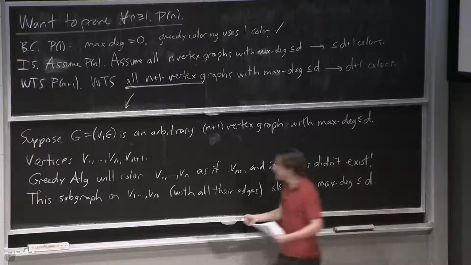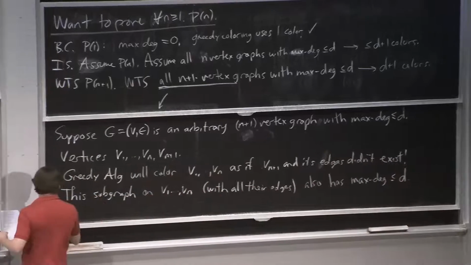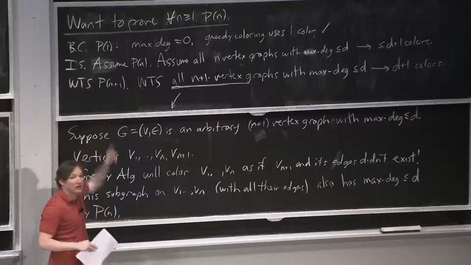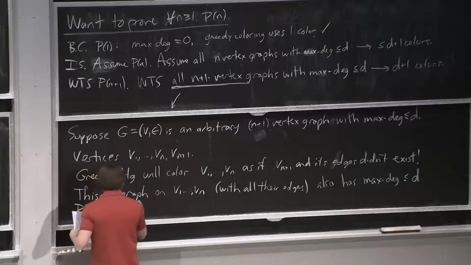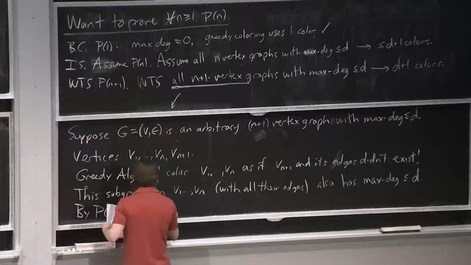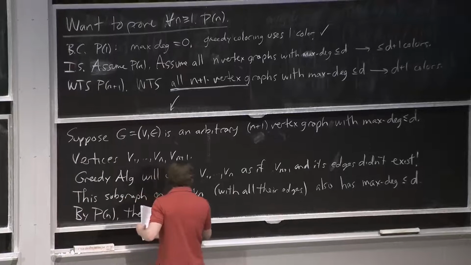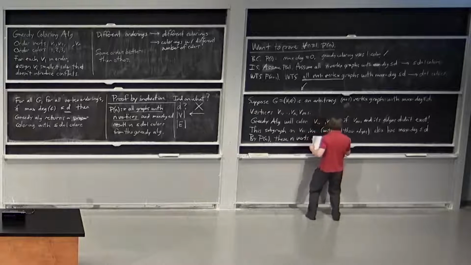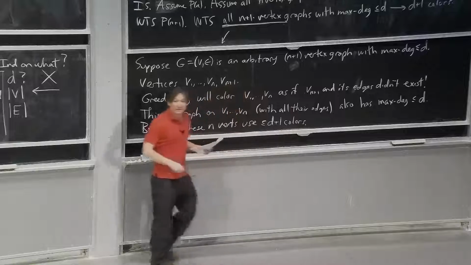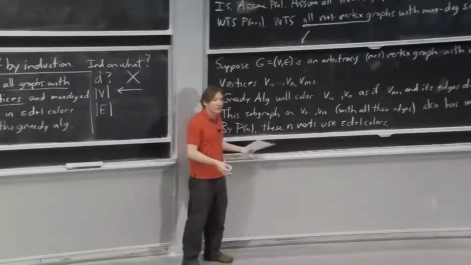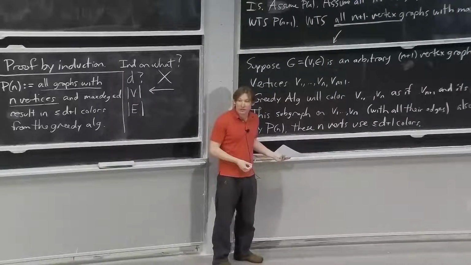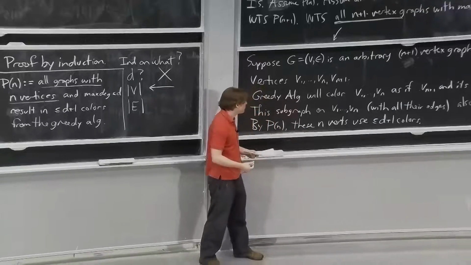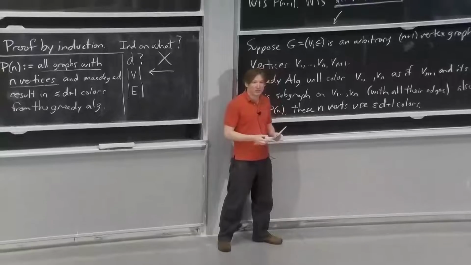OK. By P of n, because we assumed P of n, these n vertices will use at most d plus 1 colors. We have an n-vertex graph that we're talking about. We know it satisfies the property, so we get the conclusion because of our assumption. So it uses at most d+1 colors.